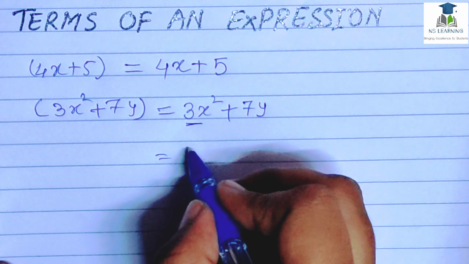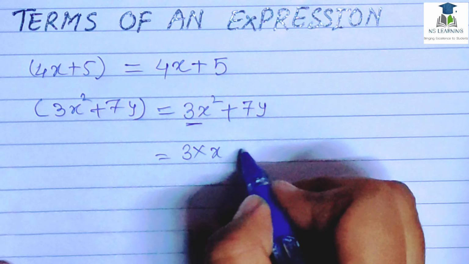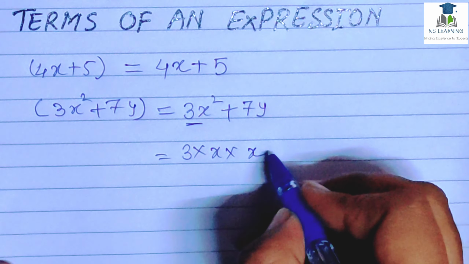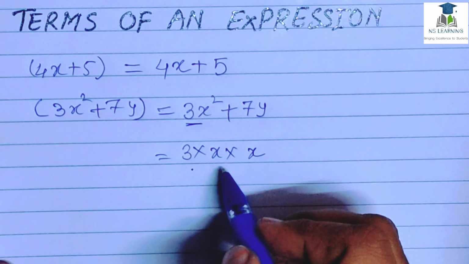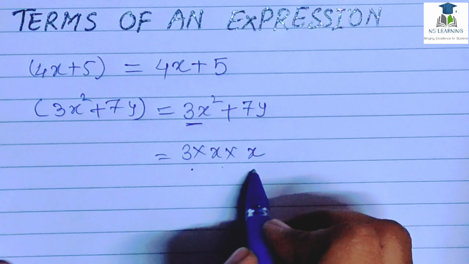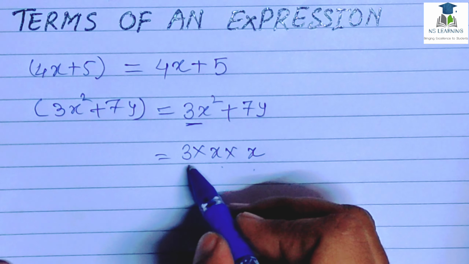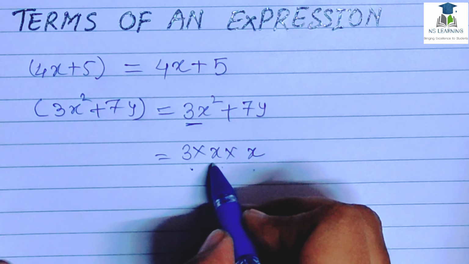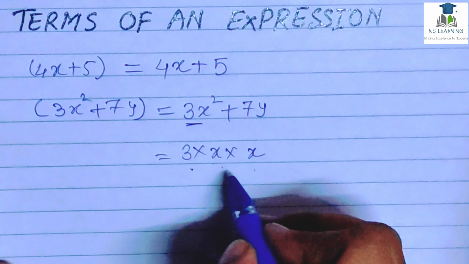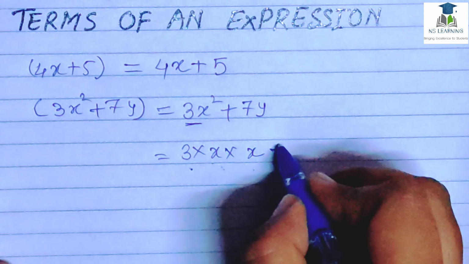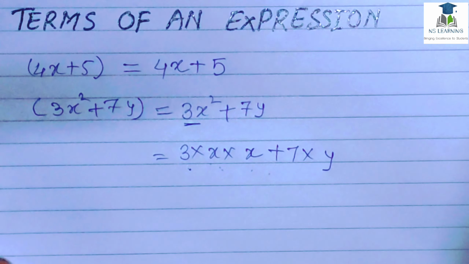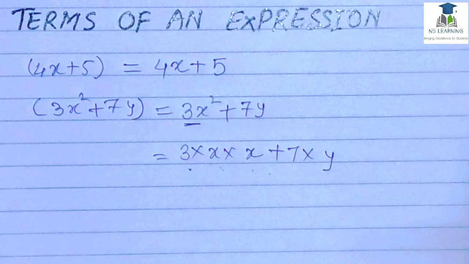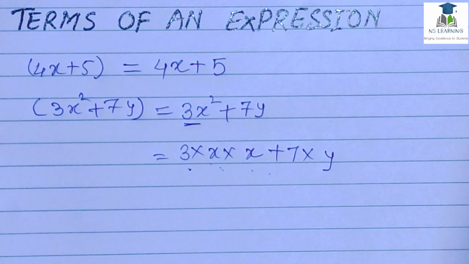So separately we find 3 into x into x, it means the product of 3 with the product of x into x, plus 7 into y. I hope you understand the terms of an expression.